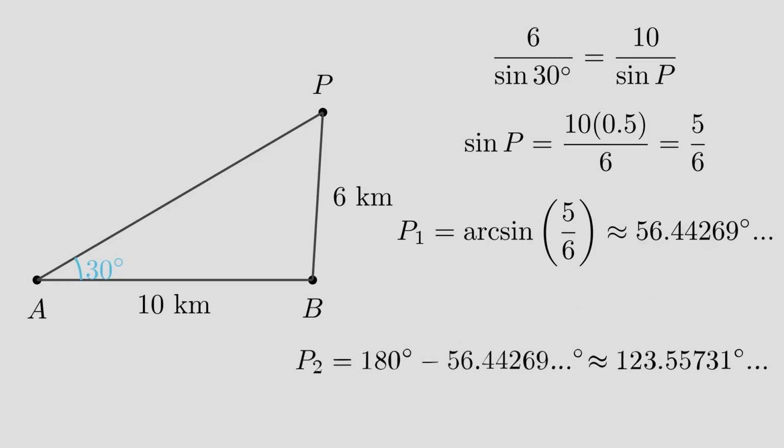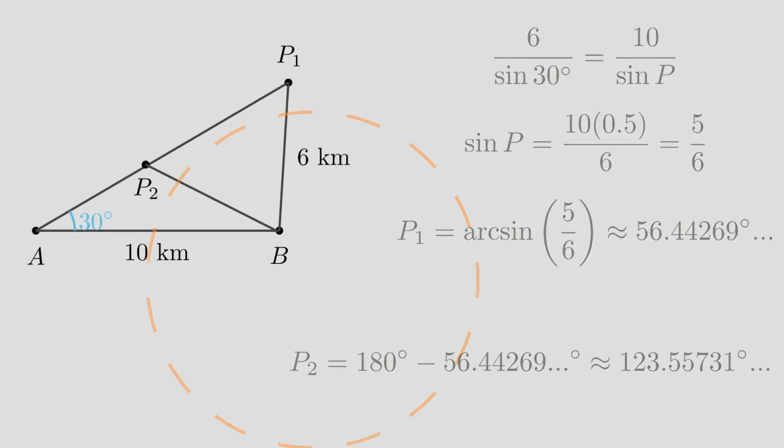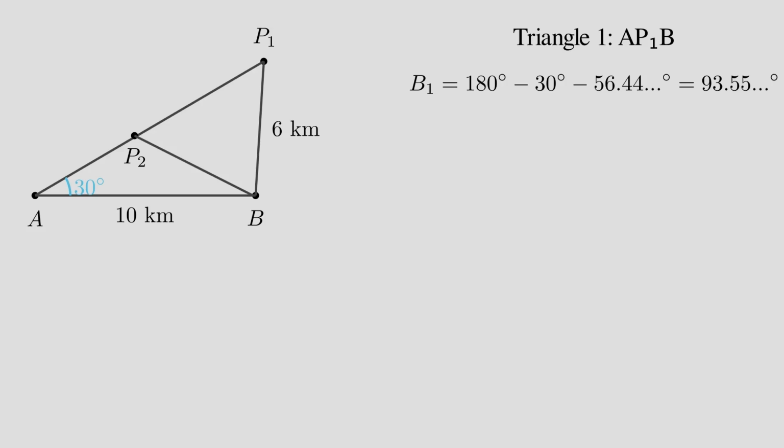So P2 is 180 minus 56.44 degrees, which is approximately 123.56 degrees. Now, for each of these possible angles for P, we can find the third angle, angle B. For the first triangle, with P1 as 56.44 degrees, angle B1 is 180 minus 30 minus 56.44 degrees, giving us 93.56 degrees.